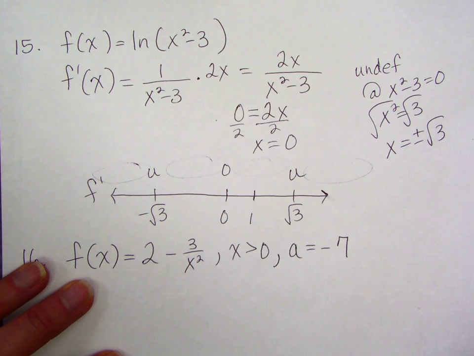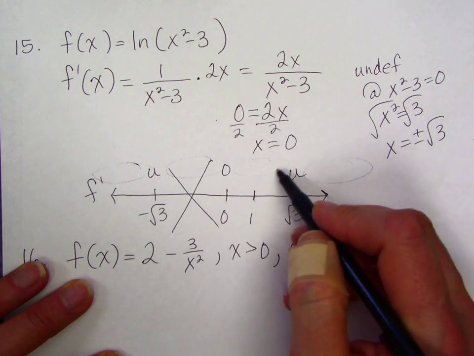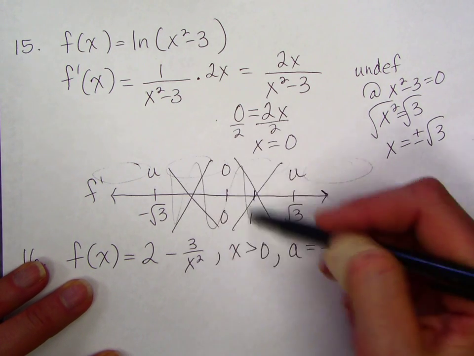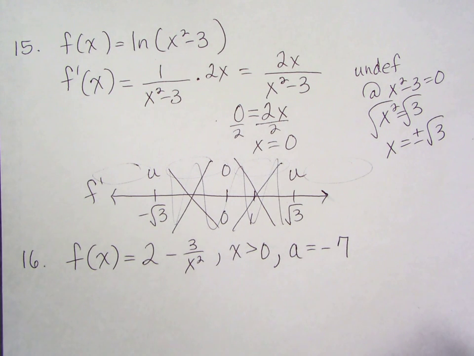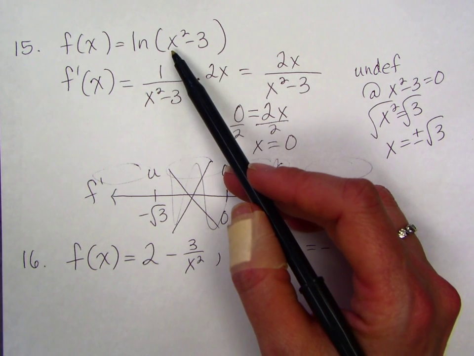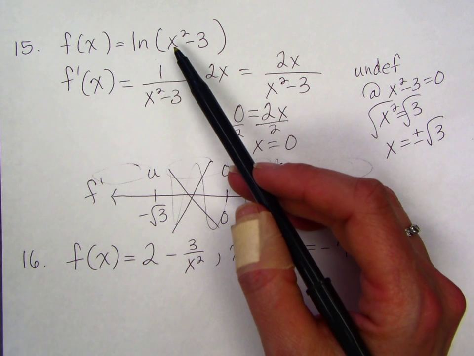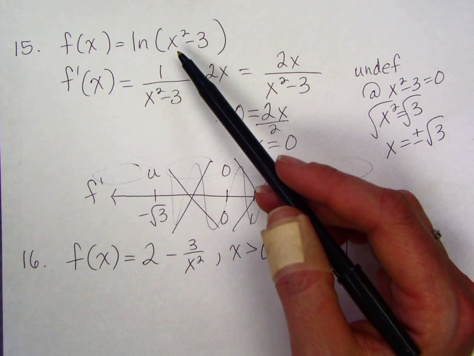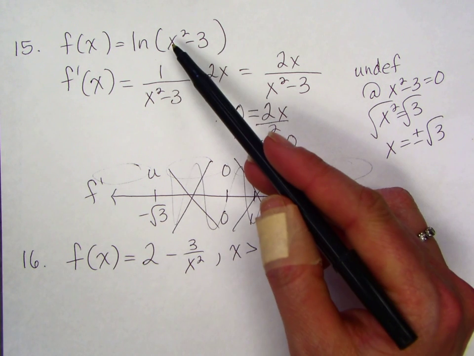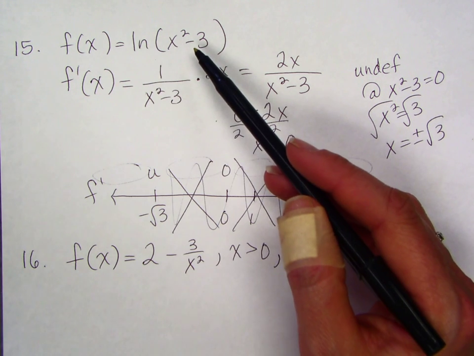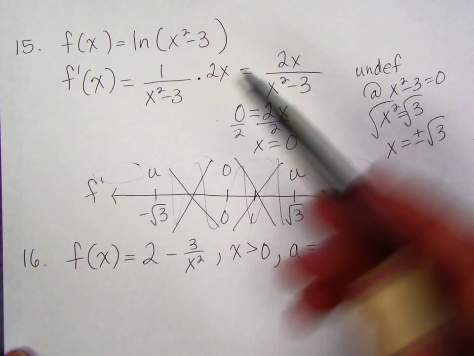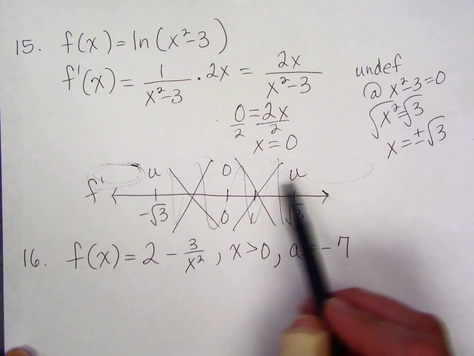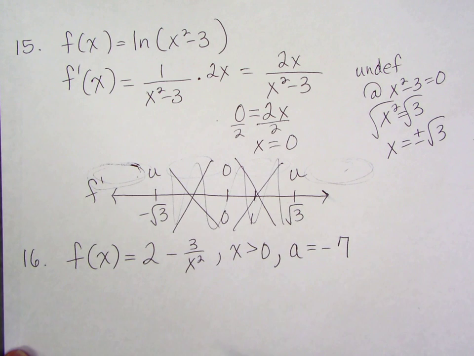So these two spots, actually this whole middle part, doesn't even exist for our function. That's where function knowledge is really important, knowing that you can only take the natural log of positive numbers, and I can't even plug 0 in there because I get the natural log of -3, which I can't do. So really, I just have to test over here and over here.